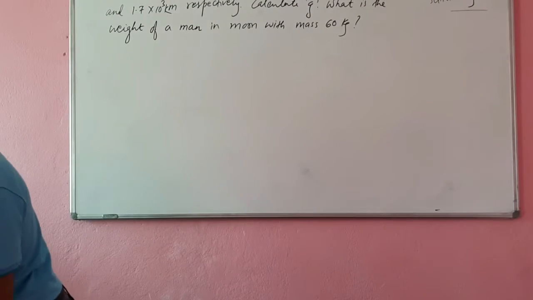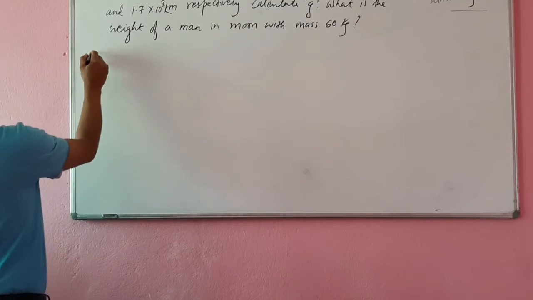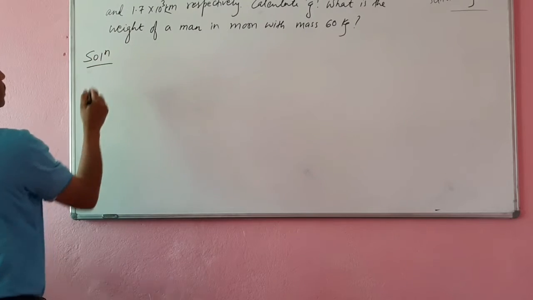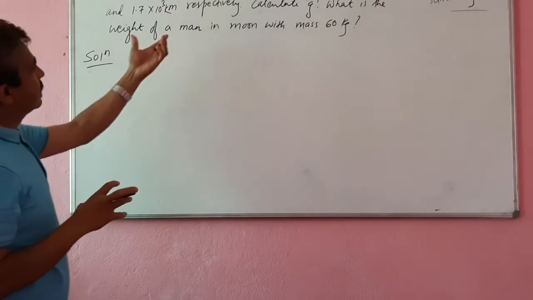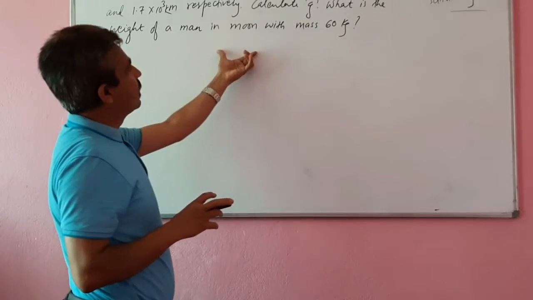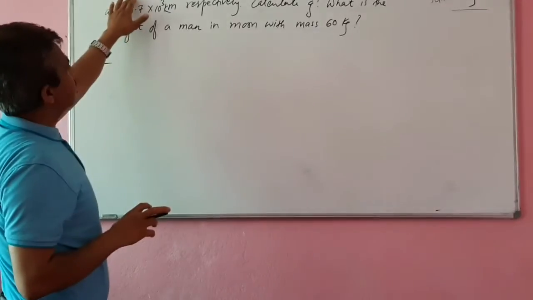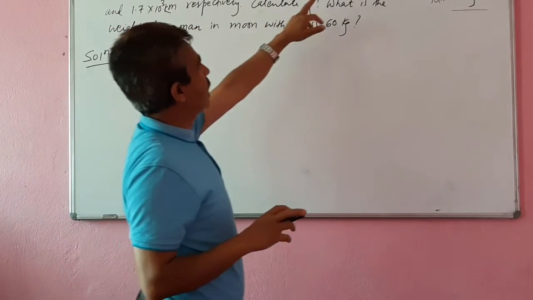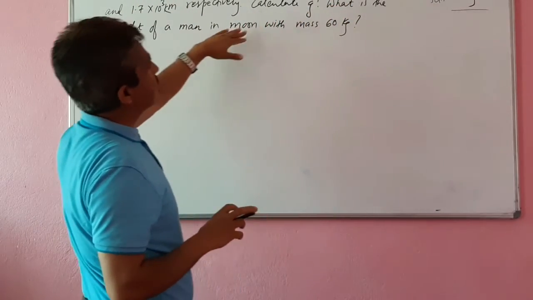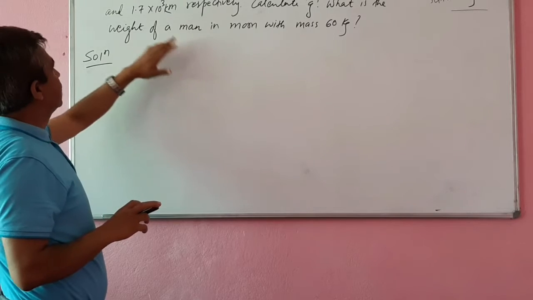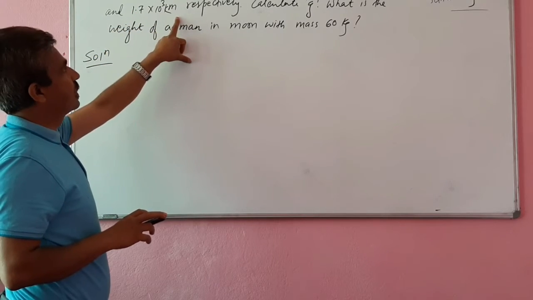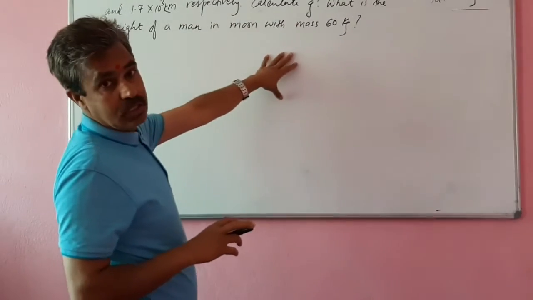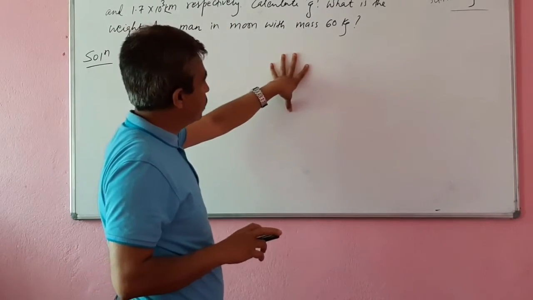Students, let's check here what is given. Let's write the solution here. Before that, let's read once again and mark the given components. Mass and radius of the moon are 7.2 times 10 to the power 22 kg and 1.7 times 10 to the power 3 kilometer. Calculate g, acceleration due to gravity on the moon.